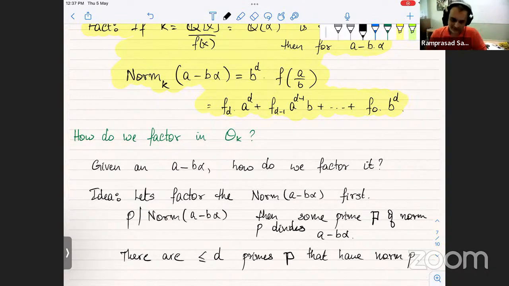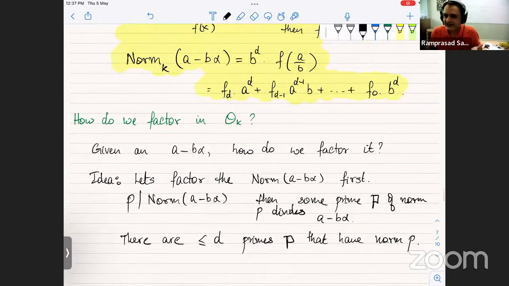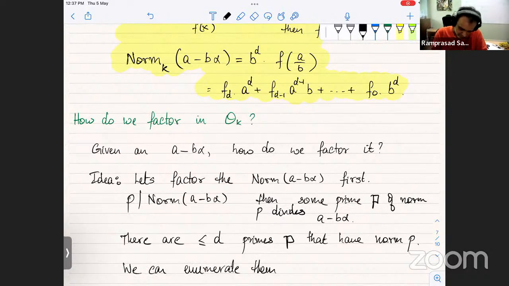So there aren't actually too many primes of any fixed norm, so we can afford to enumerate them and check. Actually, there is a cleverer way of doing it. You can actually identify which prime it is. So this is roughly how factorization works.